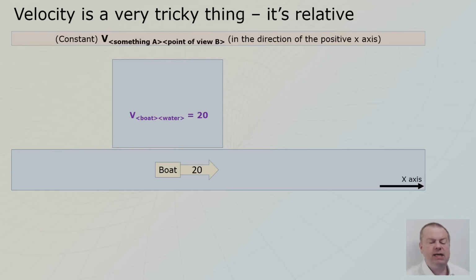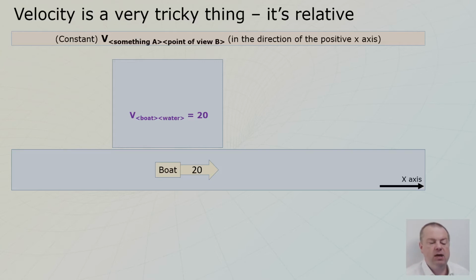Yeah. So this is another really important piece, because I will use it all the time, how to write down the velocity here. We have the v, and then we have two small things next to it. The first thing tells you the velocity of what? And the second thing tells you with respect to which perspective, which point of view, relative to what.